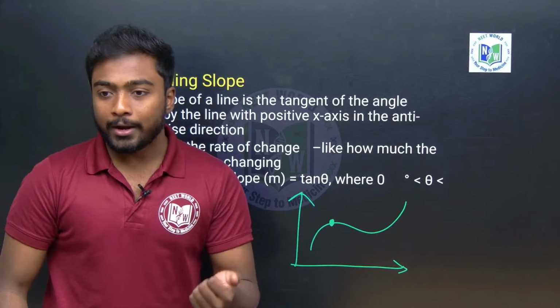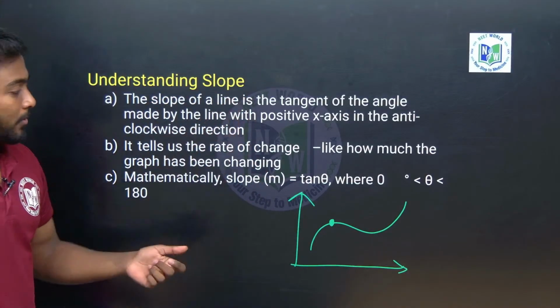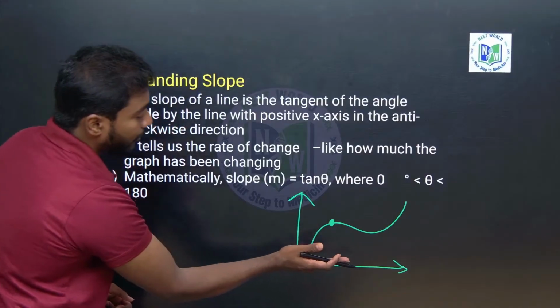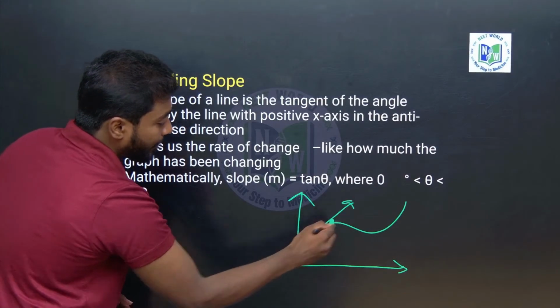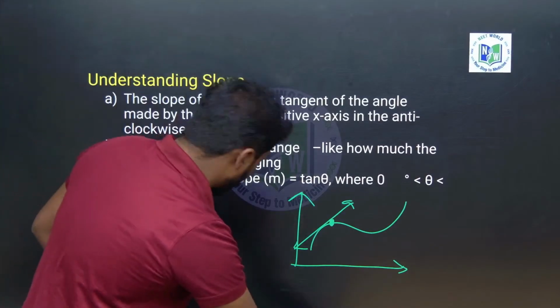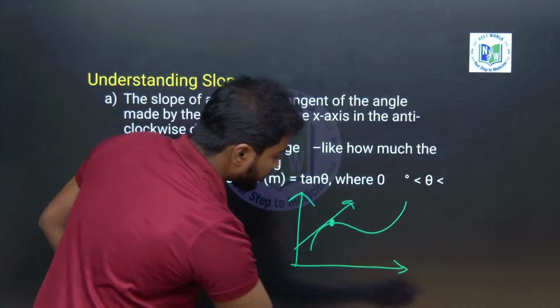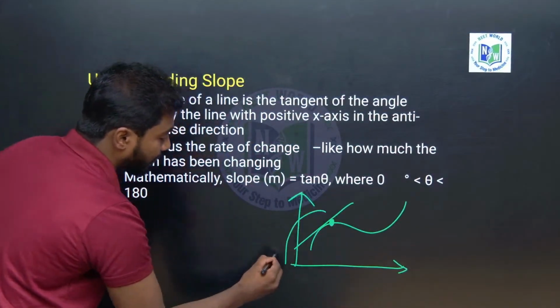To determine that quantity, I use a term called slope. The slope is said to be, from the x axis in the anti-clockwise direction, a tangent that has been drawn. This is the tangent.